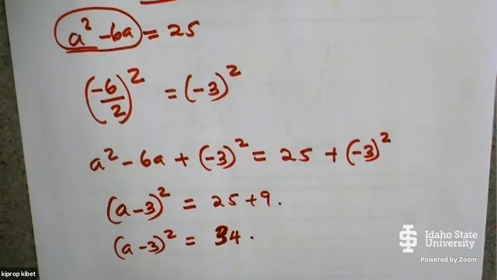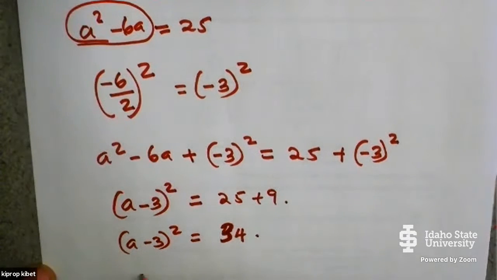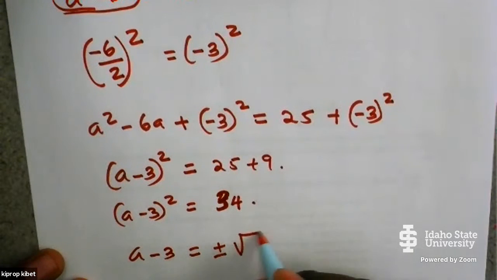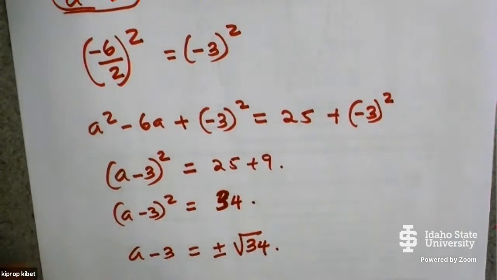Then now using the square root property, a minus 3 equals plus or minus the square root of 34.